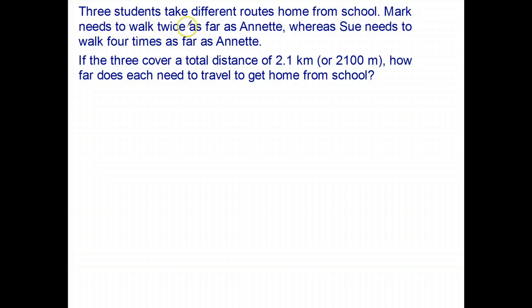Mark needs to walk twice as far as Annette, and Sue needs to walk 4 times as far as Annette. So the student that walks the shortest distance has to be Annette. Okay, the other thing that's useful, rather than using a decimal, let's change it into meters and try to work with whole numbers. Again, it just makes the working just a little bit easier.